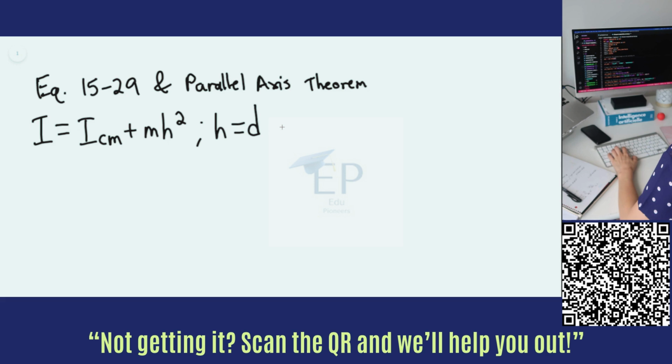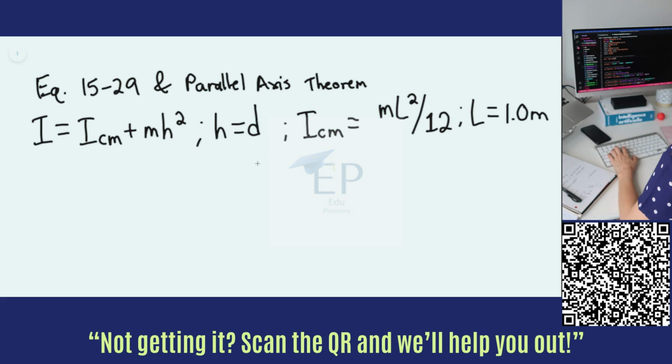For a meter stick of mass m, the rotational inertia about its center of mass, I sub cm, would be equal to ml squared over 12, where the length of the meter stick is, of course, 1 meter.